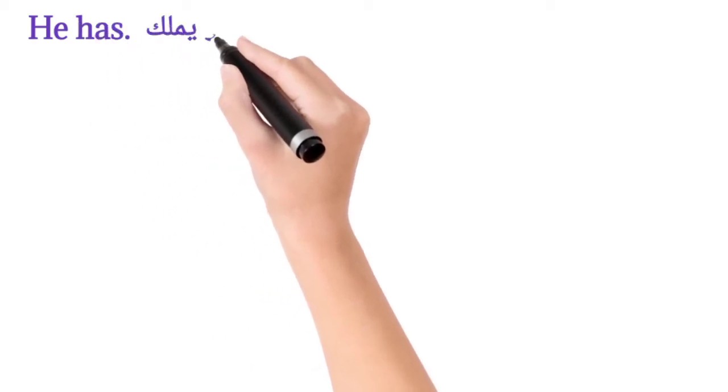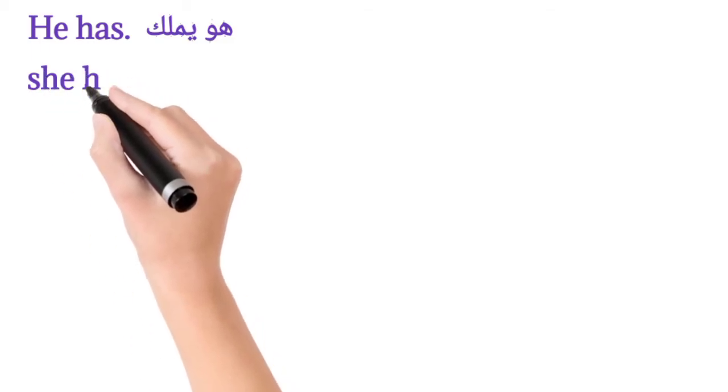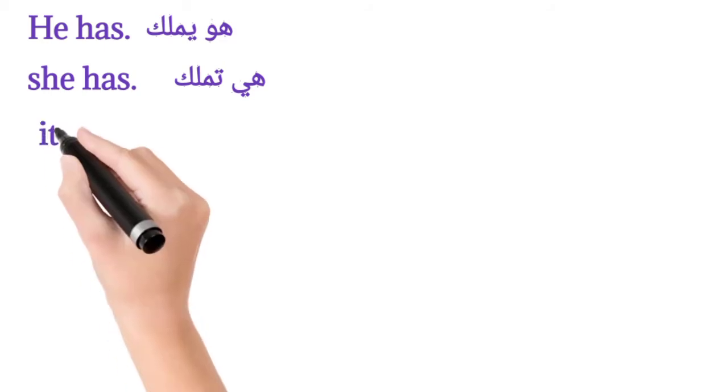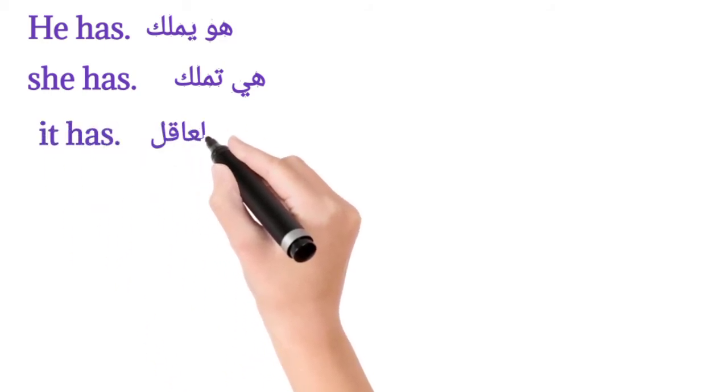With 3 pronouns, he and she and it, use has not have بمعنى يملك. He has هو يملك. She has هي تملك. It has هو أو هي لغير العاقل.